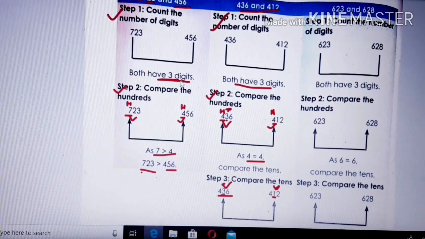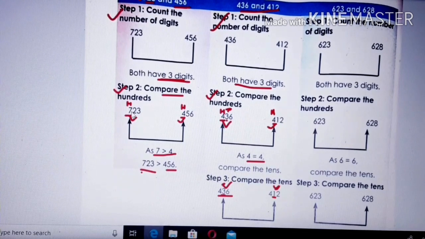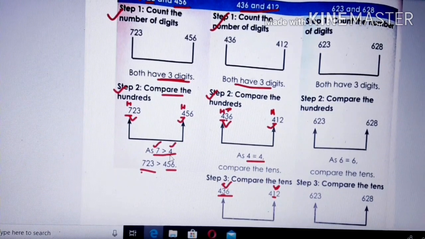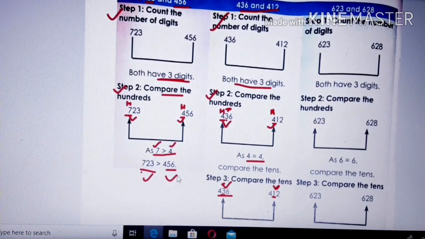Both have 3 digits, isn't it? Step 2, compare the hundreds place. What do you get in the hundreds place here? 7. And in the other number, 4. So it is clear that 7 is greater than 4. That means the number 723 is greater than 456. Is it clear how to compare?